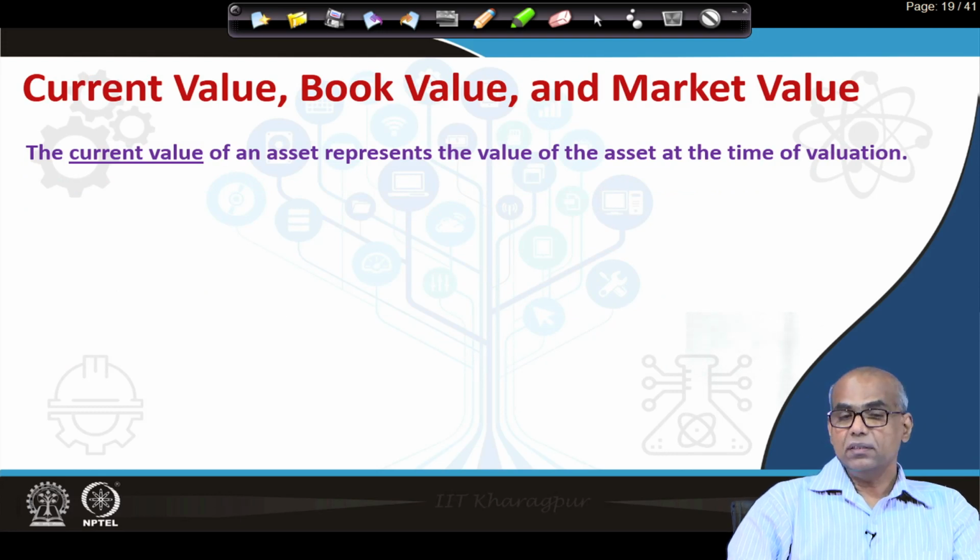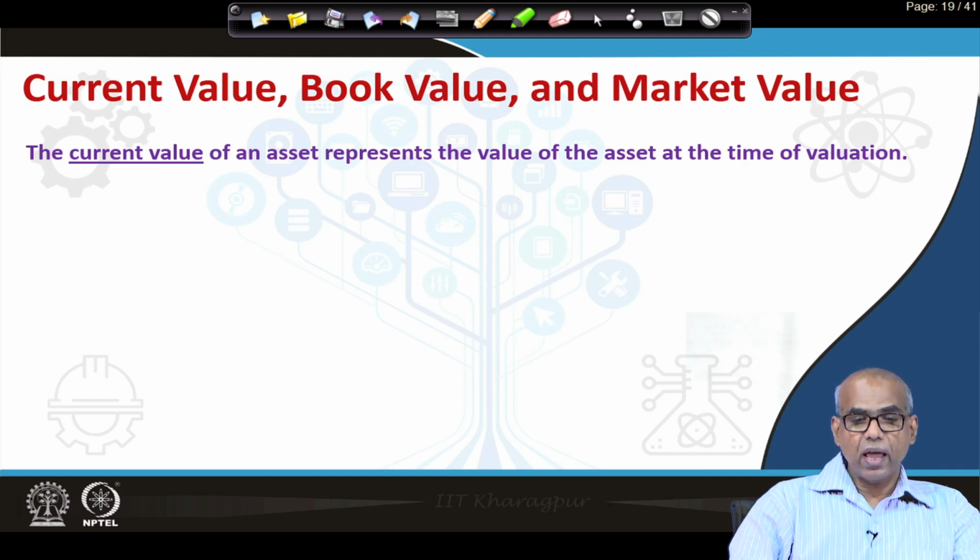Now, we will define three terms: current value, book value and market value. You will frequently encounter these terms when you talk about cash flows or economic evaluations of different projects.